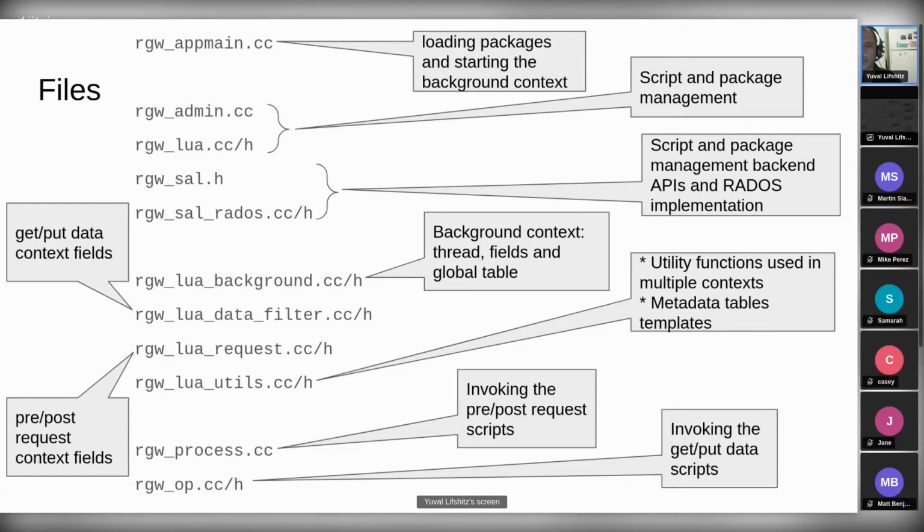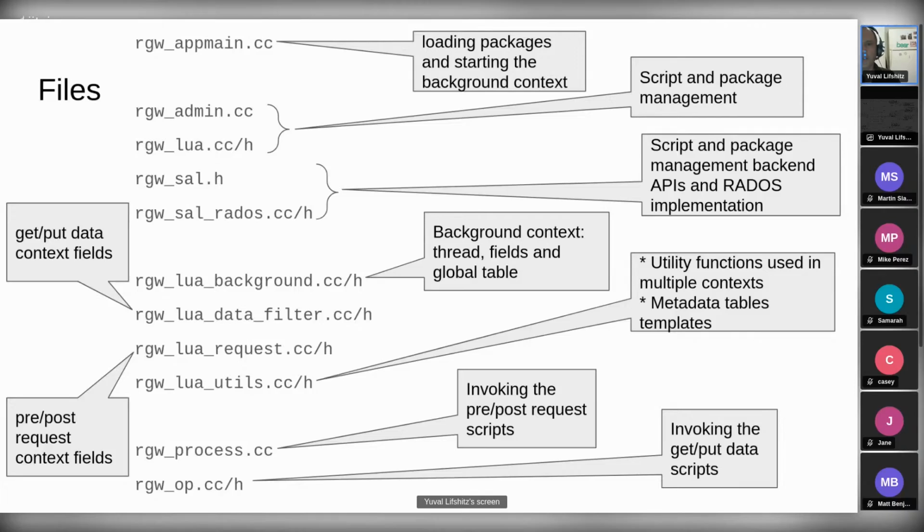RGW Lua is what actually implements this script and package management. And because both the package names and the actual text of the scripts are stored in RADOS objects, we have the RGW SAL RADOS file where we actually implement putting those scripts into RADOS objects.